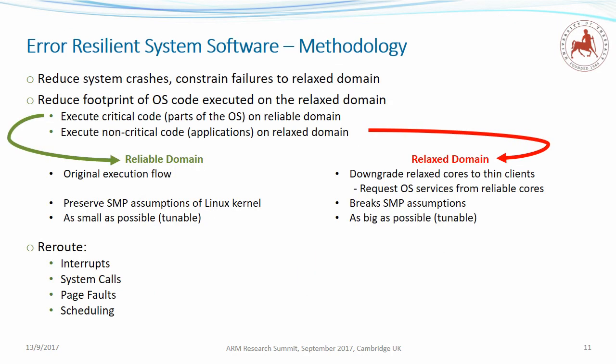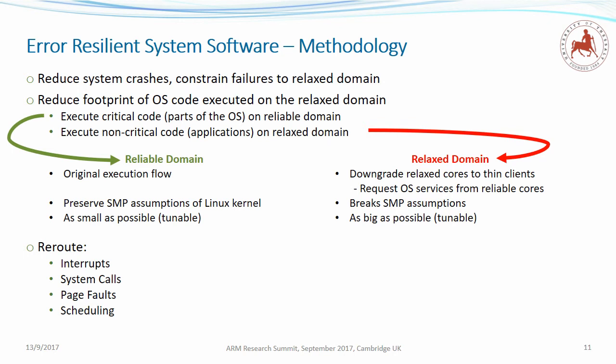So what is our methodology? Our methodology is to try to reduce system crashes overall and to constrain any failures to the relaxed domain. So how do we try to do that in the operating system?